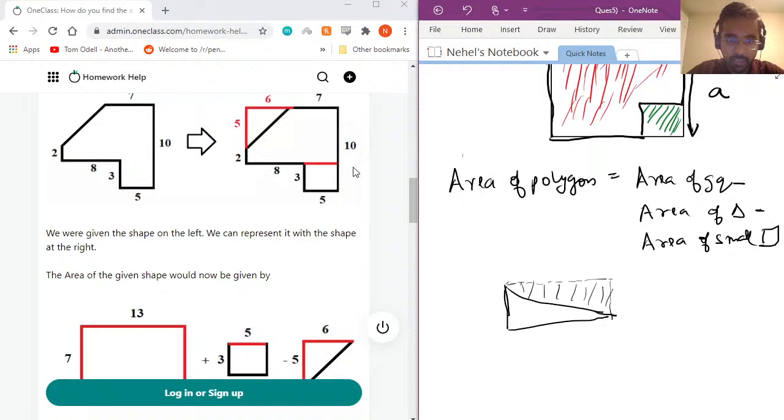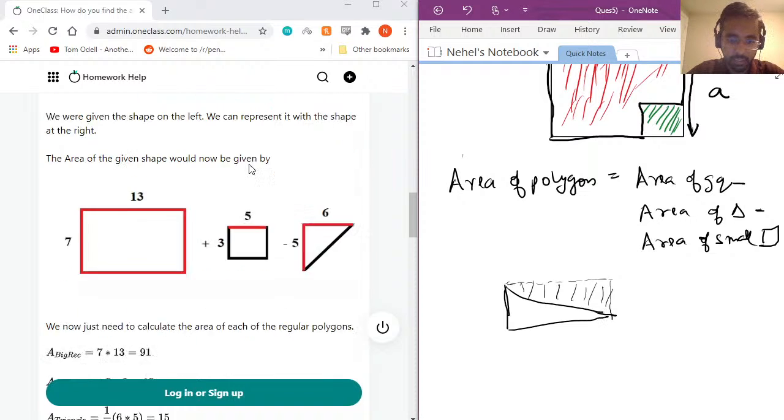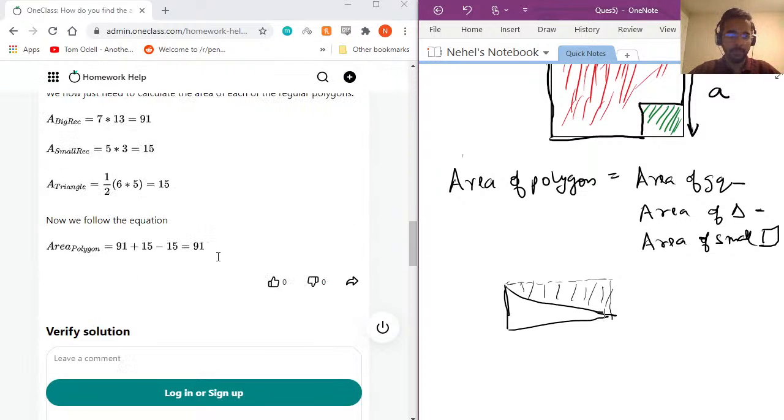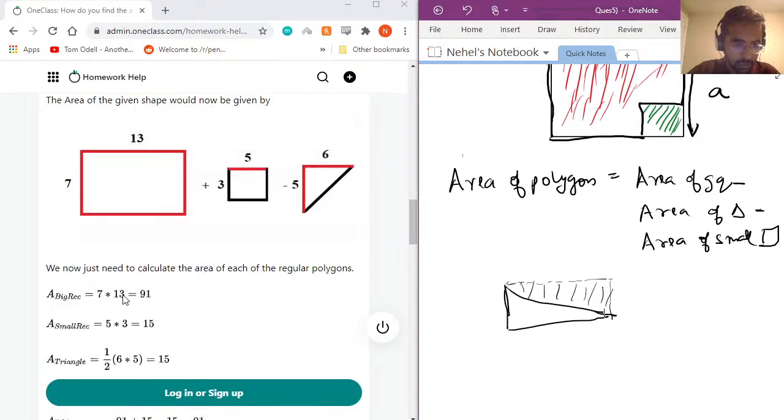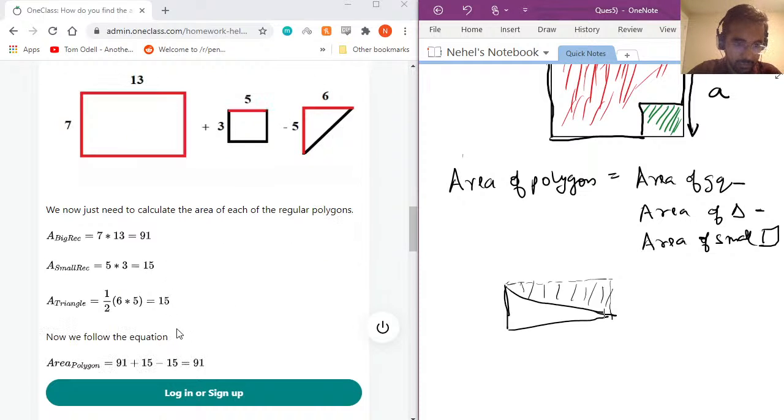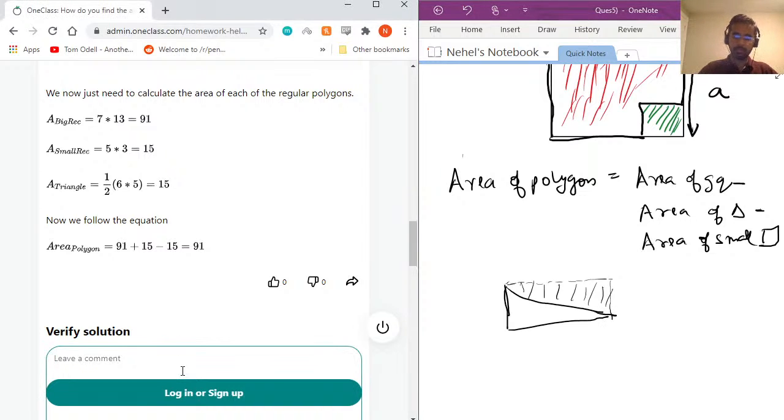So they've added this area plus this area and then subtracted this area, which is correct. Let's just make sure the final answer is correct. 7 times 13 is 91, correct. 15, 6, 30, 15, so that cancels out, so it's 91. Perfect. The solution is correct.